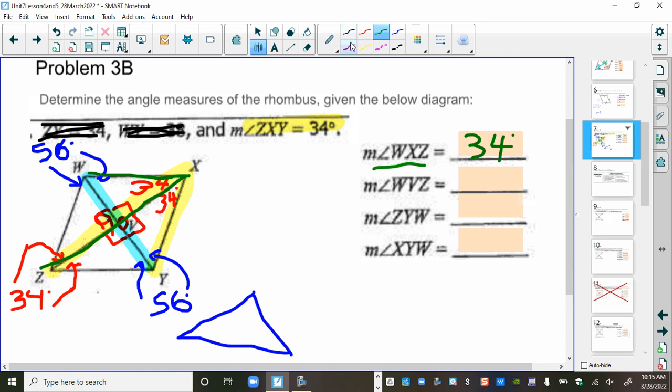Now, W, V, Z. There's W. You make the turn right at the middle, and you go to Z. If we make that turn right here, how many degrees is this angle right here? 90. That is definitely a 90.